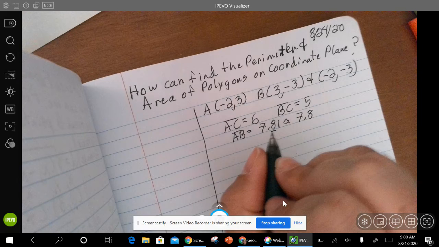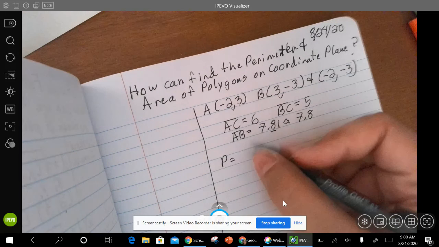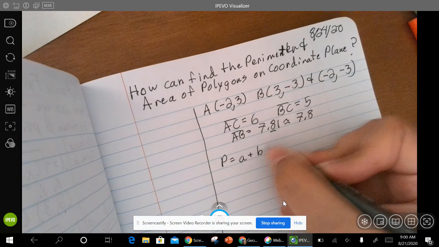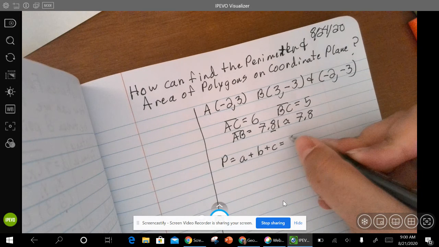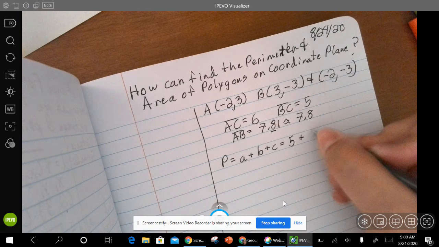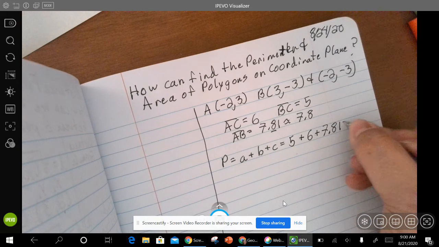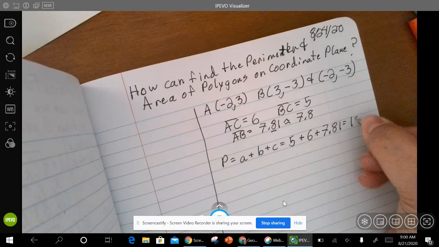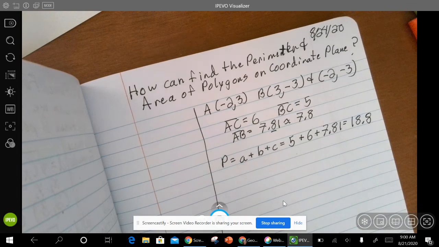Okay, so if we have to find the perimeter, we're going to add all the 3 sides together. So we just add all the sides, the distance, of our triangle. Okay, and we get 18 and 8/10.